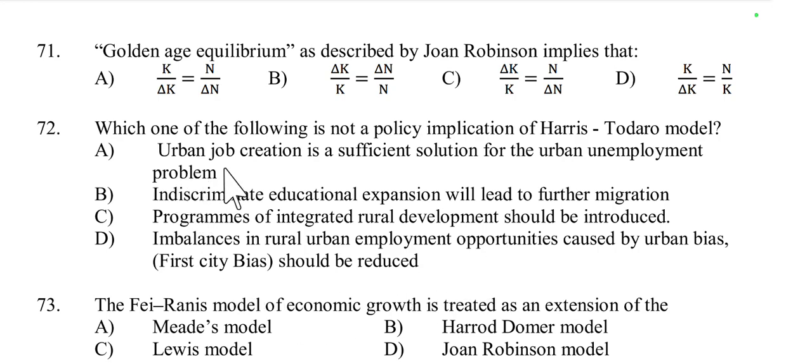First option: urban job creation is a sufficient solution for the urban unemployment problem. No, only urban job creation is not a sufficient solution. The Harris-Todaro model suggests that merely creating jobs in urban areas may not be sufficient, because the high expected urban income draws more migrants, leading to continued unemployment.